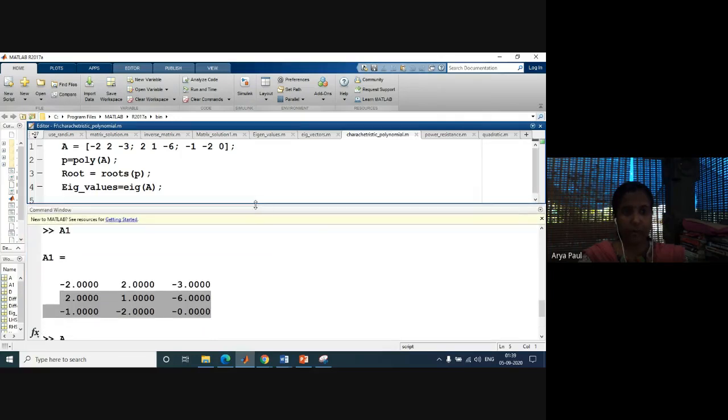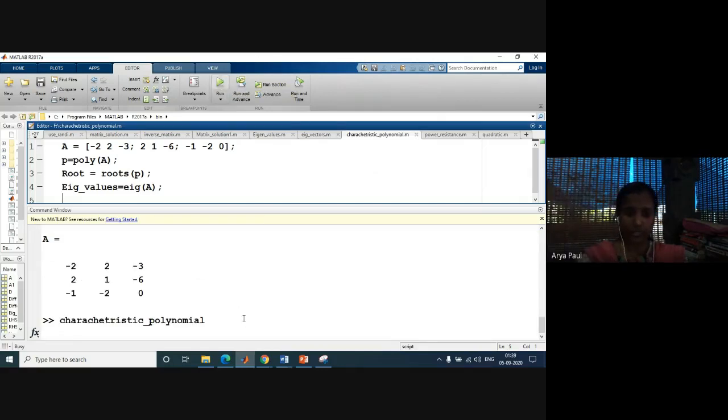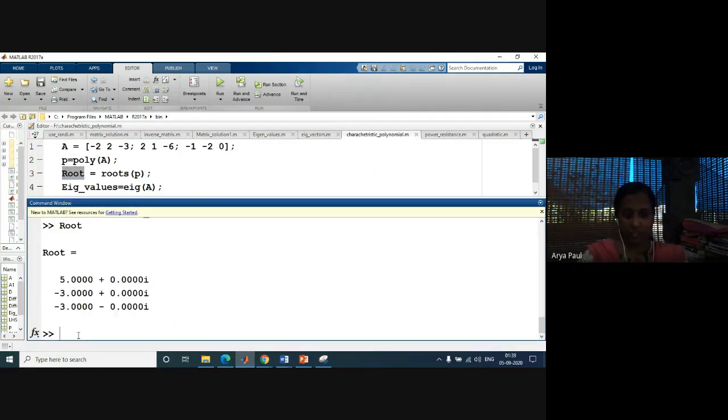When you run this program, you can check that. So the roots are the same as the eigenvalues.